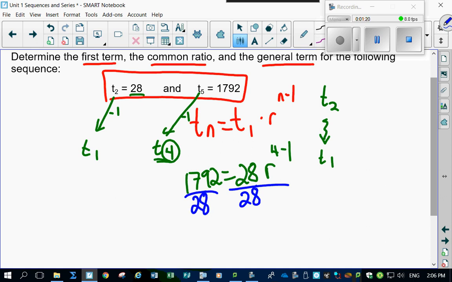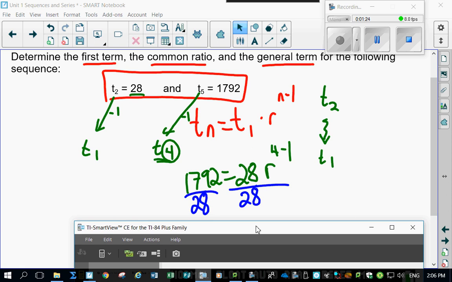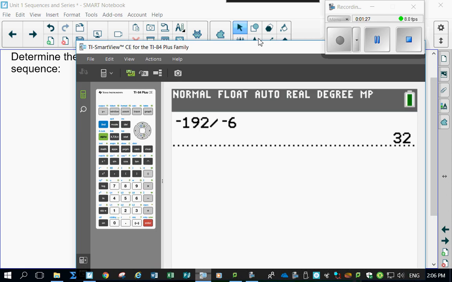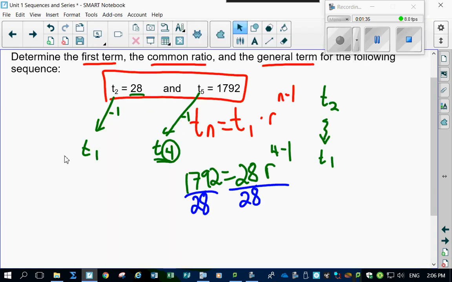I'm going to need my calculator here. 1792 divided by 28 gives me 64. So that works out to be 64 equals r to the 4 minus 1, r cubed.